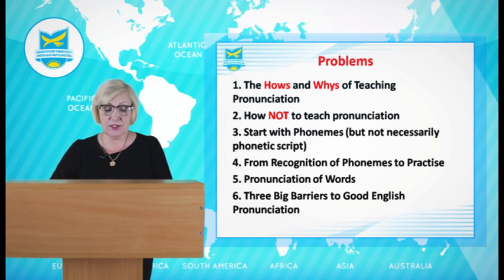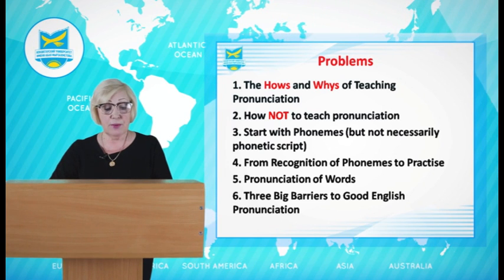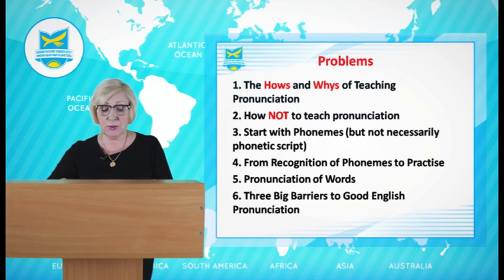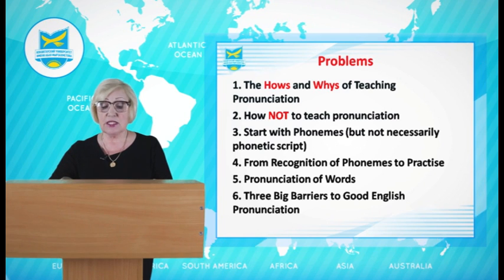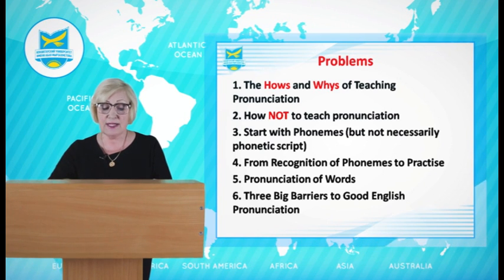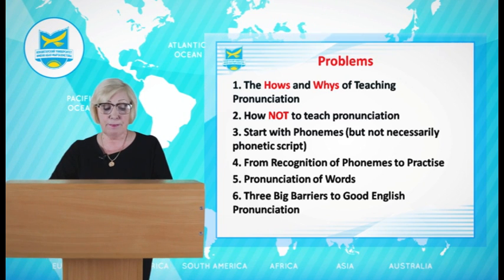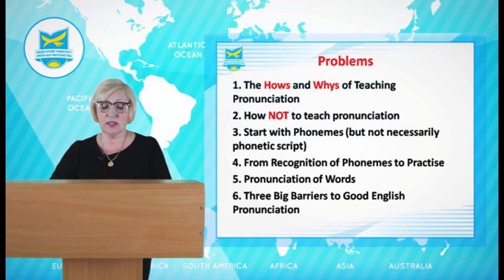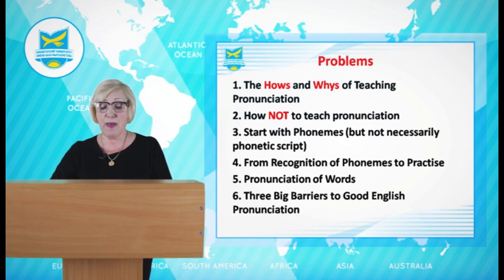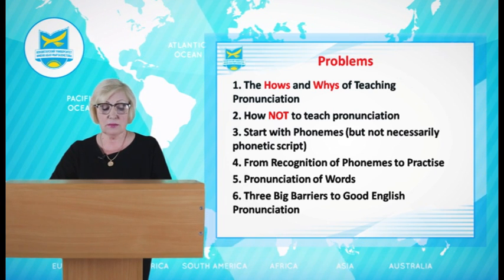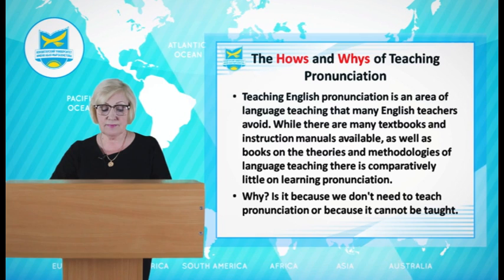The dictionary defines phoneme as any of the perceptually distinct units of sound in a specified language that distinguish one word from another. For example, p, b, d, and t in the English words pad, pat, bed, and bat.